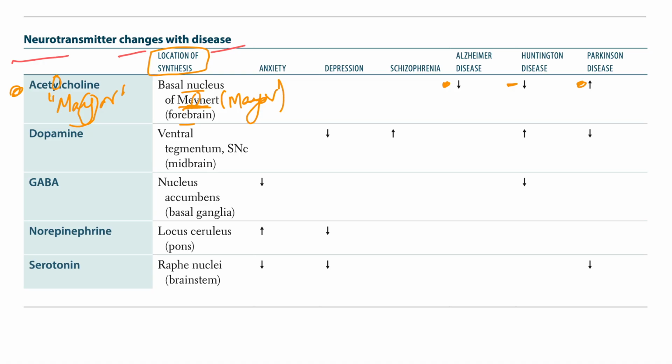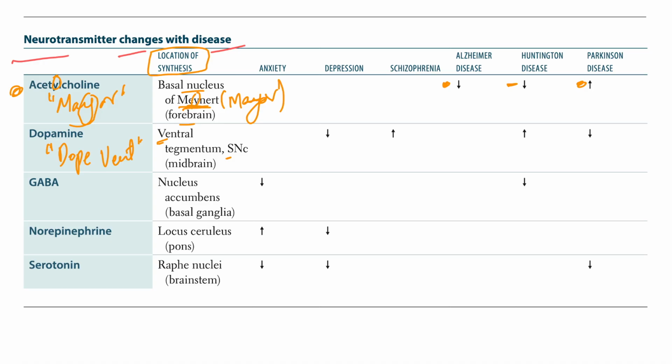Let's look at the second one, which is dopamine. For dopamine, the mnemonic is dope went. Dope is dopamine. Went means ventral tegmentum, and in the location of synthesis, it is also seen in the substantia nigra.